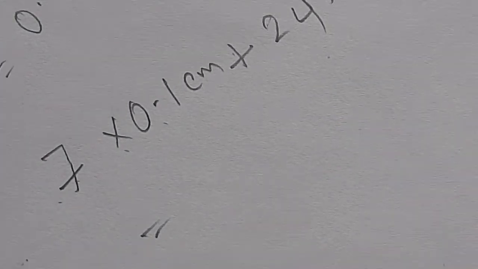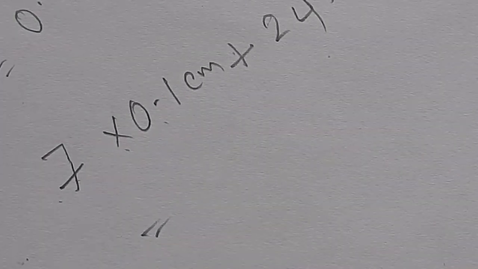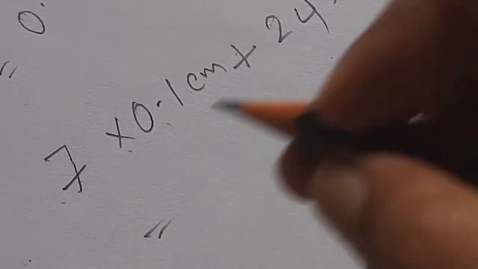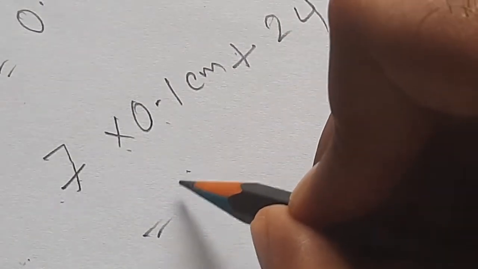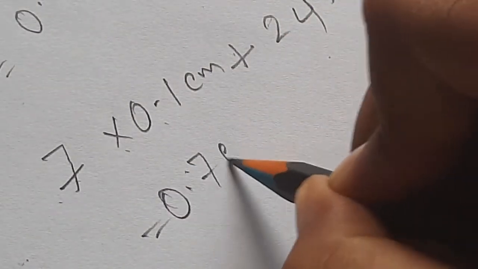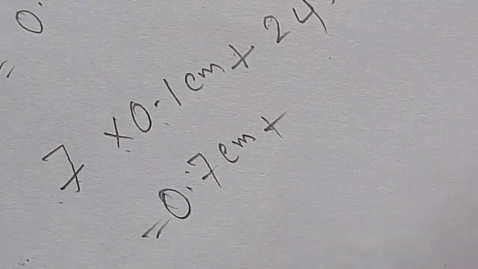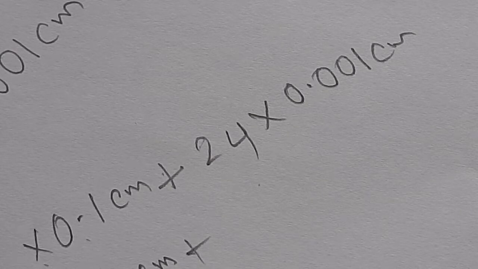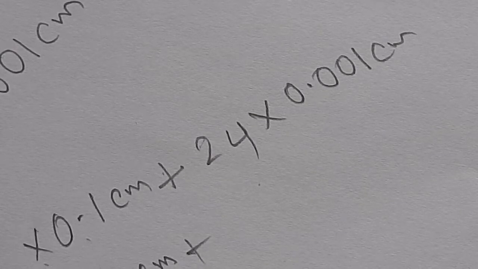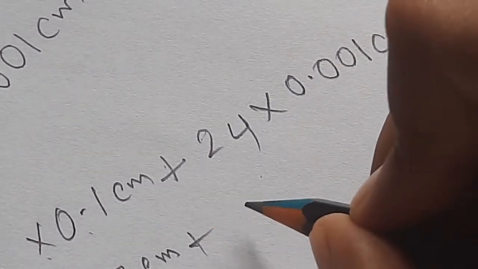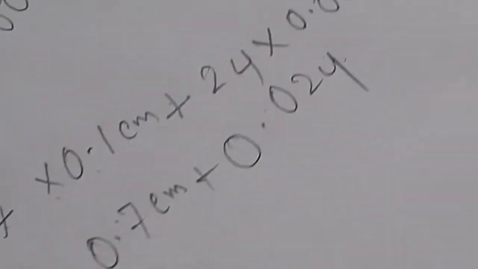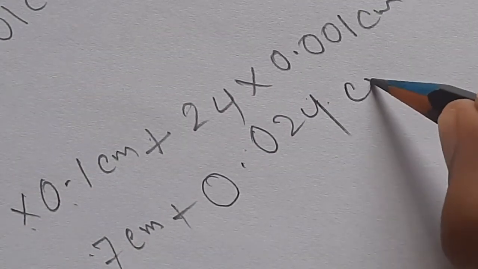Let's calculate. 7 into 0.1 is 0.7 centimeter, plus 24 into 0.001, which is 0.024 centimeter.